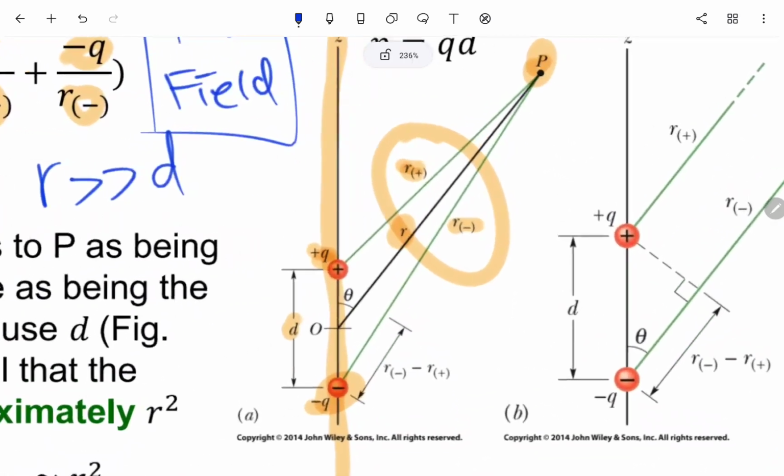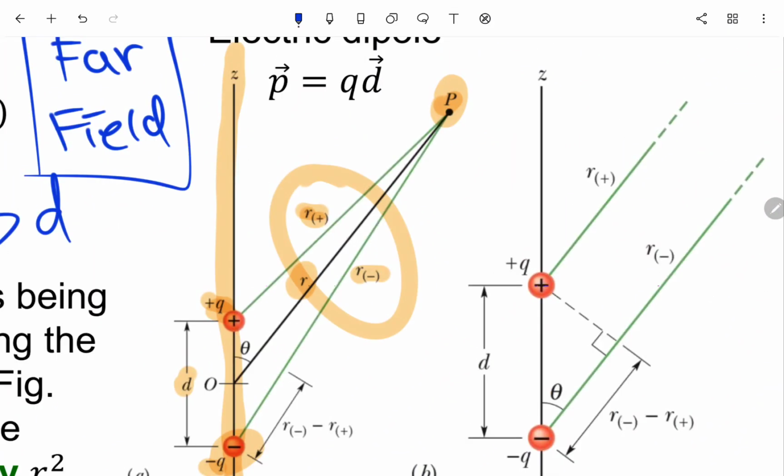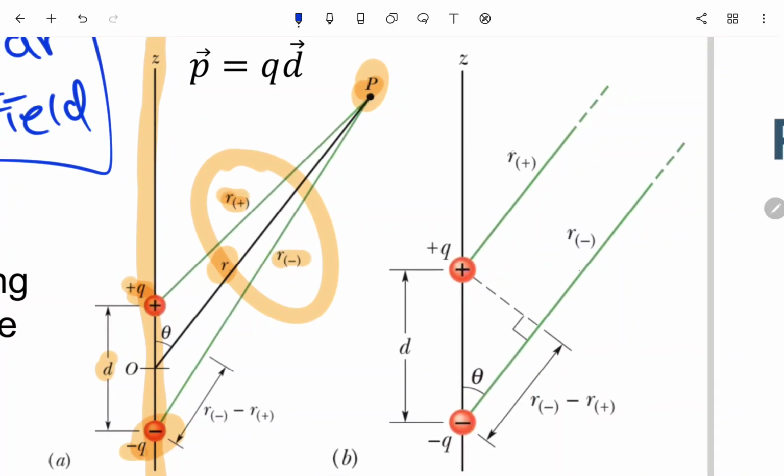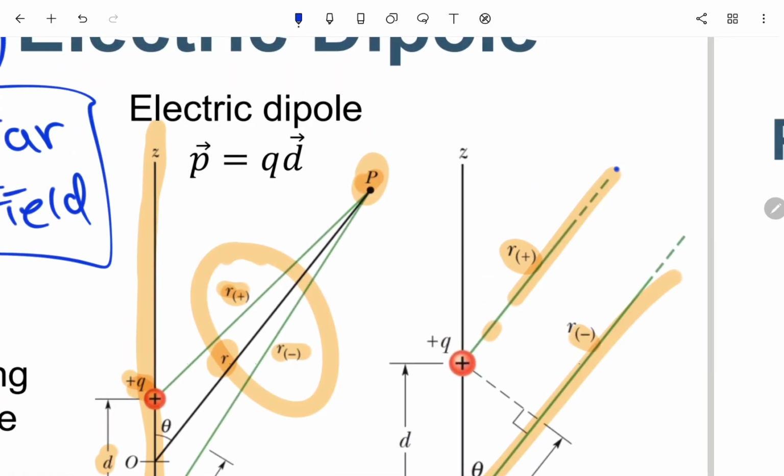So in that case, suppose P is far away enough, we consider this line and this line parallel to each other.